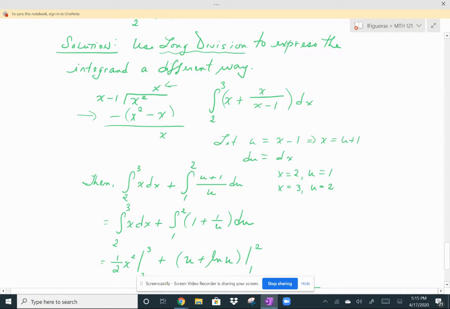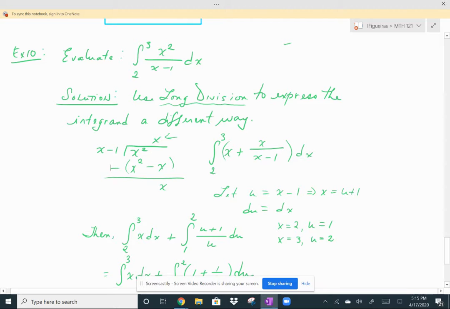So the way you rewrite your integral is that this integral is equivalent to this one right here. So it's the integral from 2 to 3 of x, which is my quotient, plus my remainder, which is x over x minus 1.